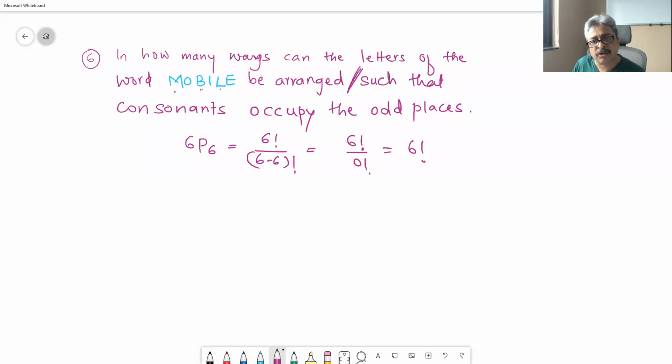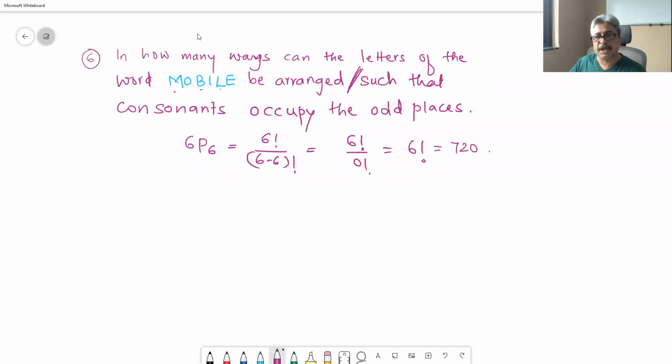The answer would have been 6 factorial, which is 720. But that is not the question. The question is, in how many ways can you arrange the letters such that consonants occupy the odd places.